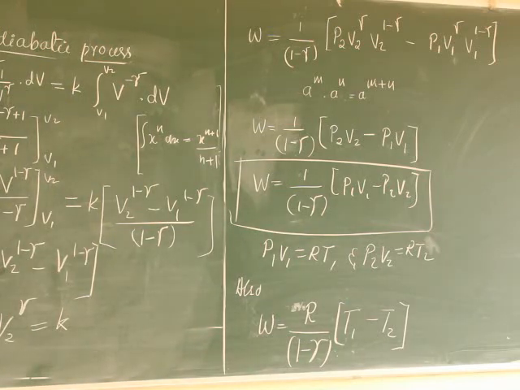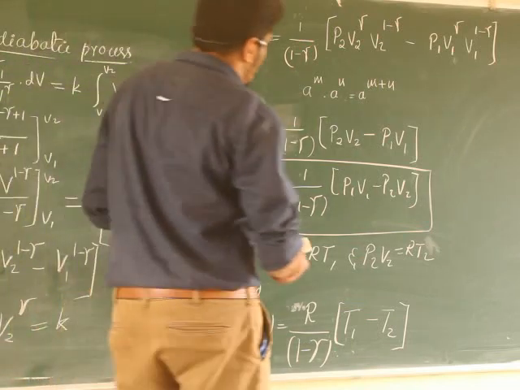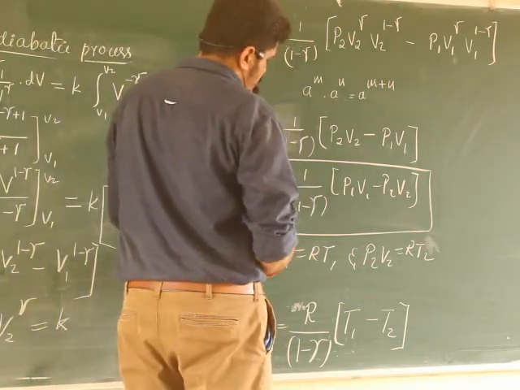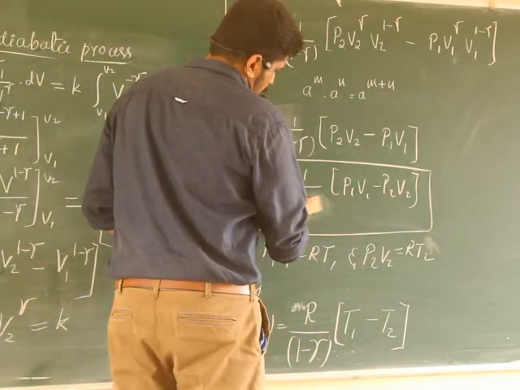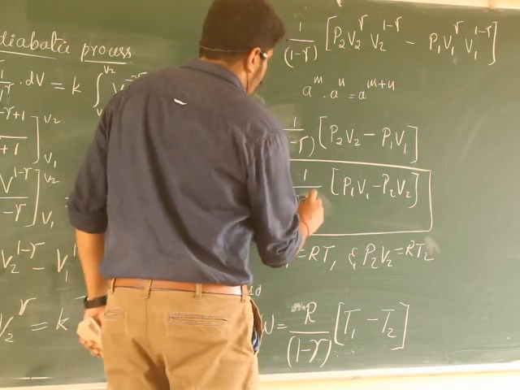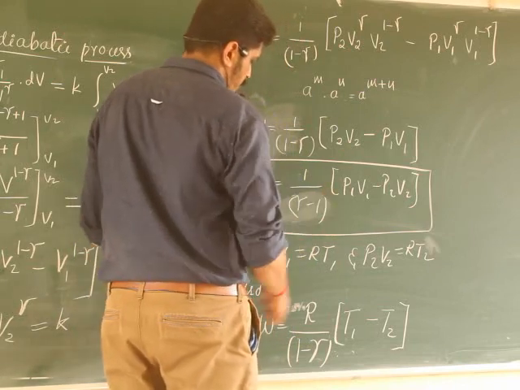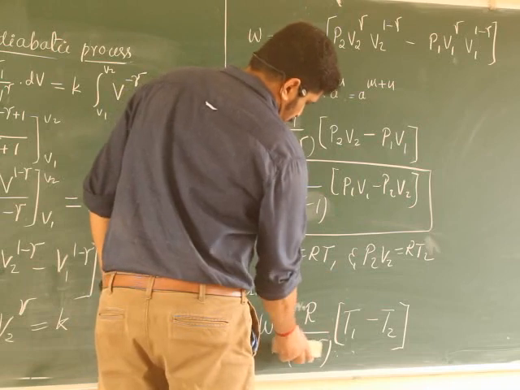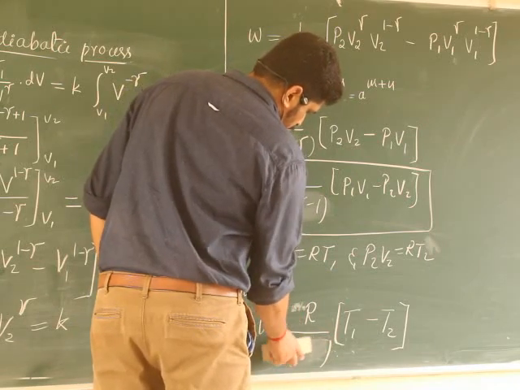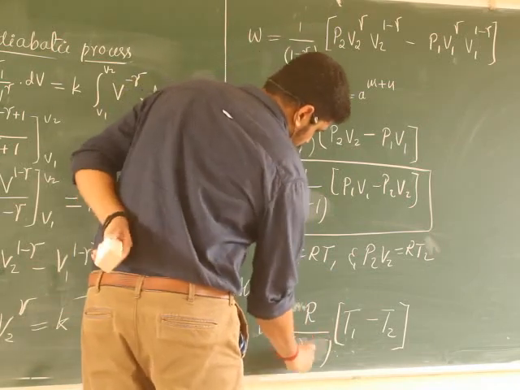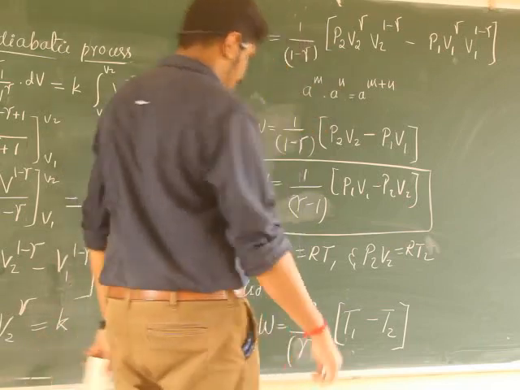Because the sign convention has changed, correct? Yes, the sign convention has changed when I have done P1 V1. That means this becomes gamma minus 1. Here also, because the sign convention has changed, that is why gamma minus 1.